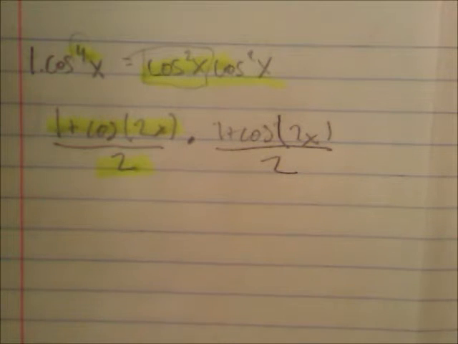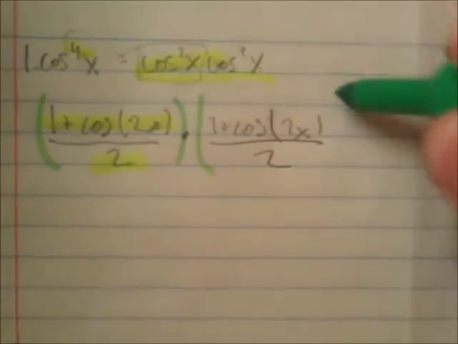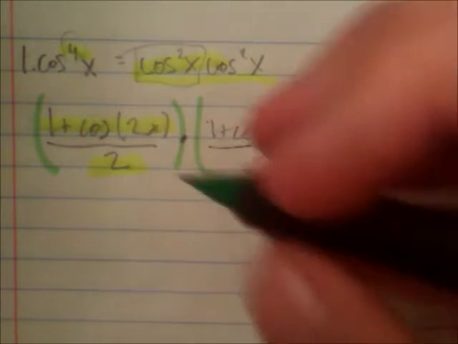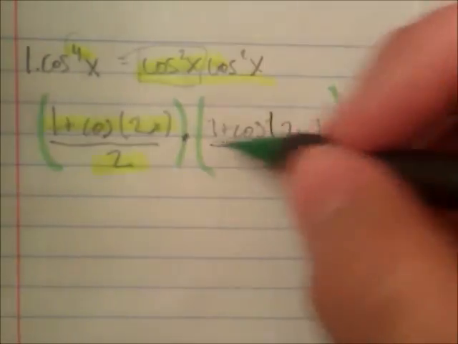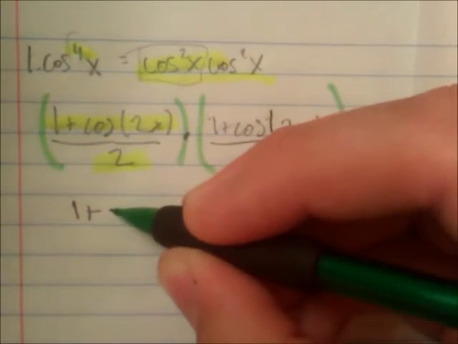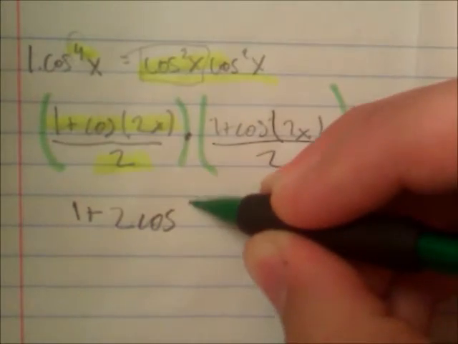Next thing we're going to want to do, we're going to FOIL both of our fractions. So now, just FOIL it regularly across on the bottom, and you should get 1 plus 2 cosine 2x.